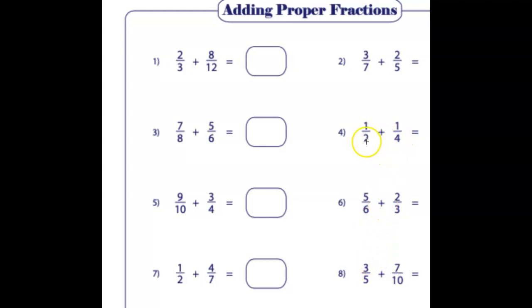So these two denominators are not the same, so we have to make them the same. So we know that our multiples of 2 are 2, 4. Well, look at that. We don't even have to go any further because here's 4.